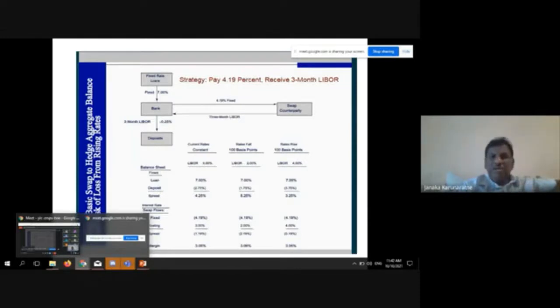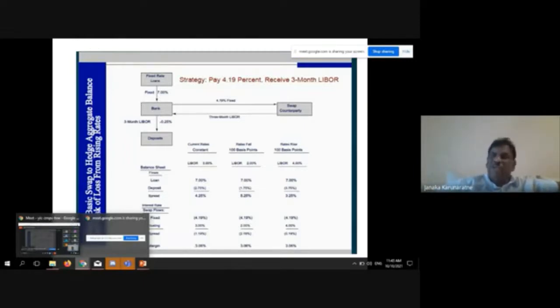Then I'm not worried now. Whatever 3 months LIBOR is, I will get that from my counterparty. And I will give him a fixed rate, because my cash inflows are fixed, which I give to the counterparty, and my cash outflows are variable, which I receive from the counterparty.